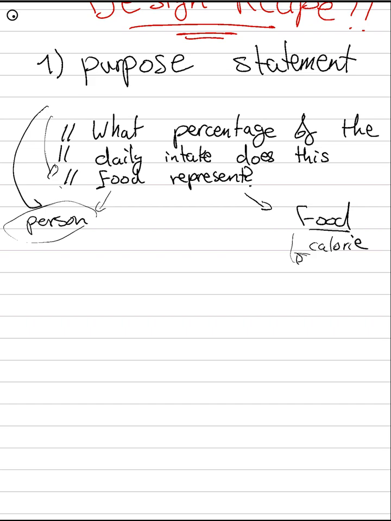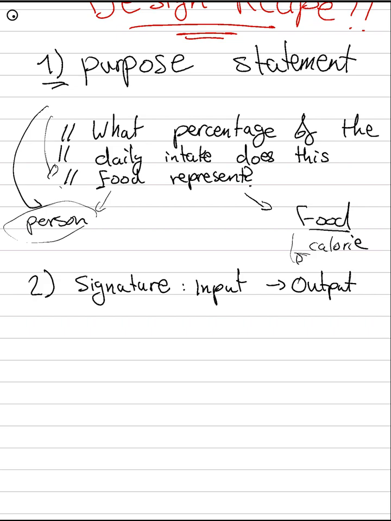Okay, excellent. So that's the first step, purpose statement. Are you ready for the second step? Yes, absolutely. Excellent. The second step is called signature, which is essentially the input and output.